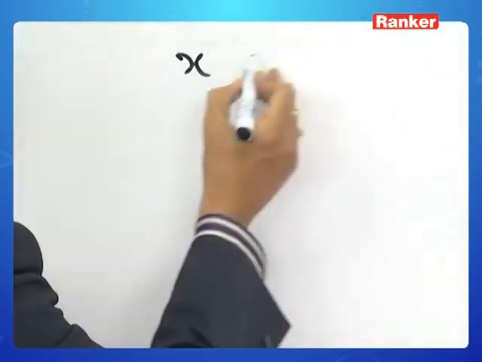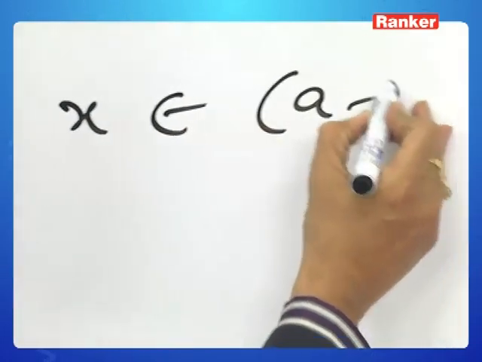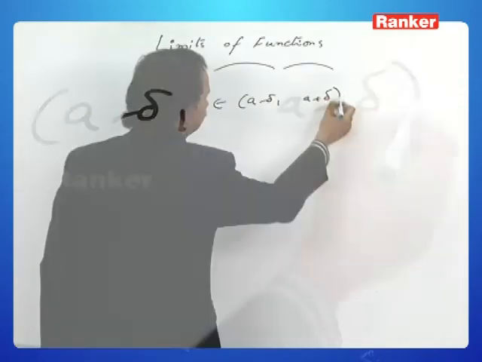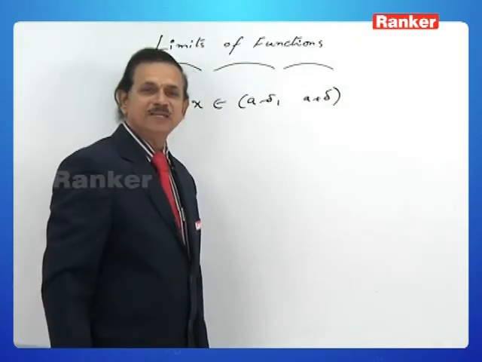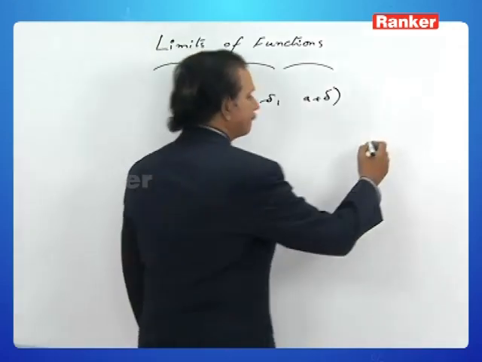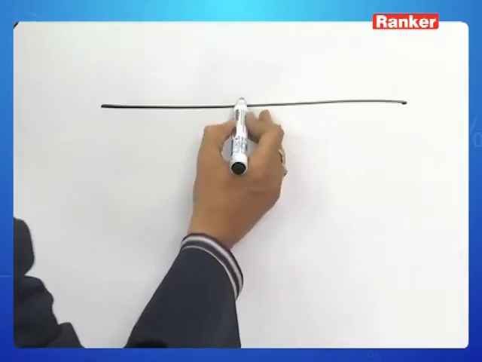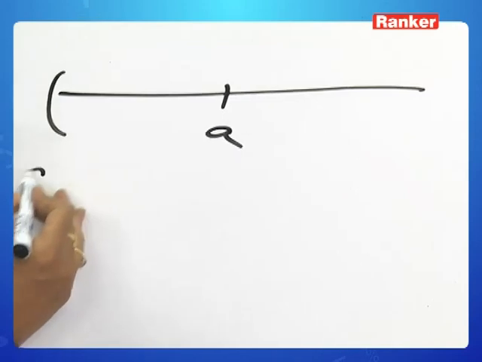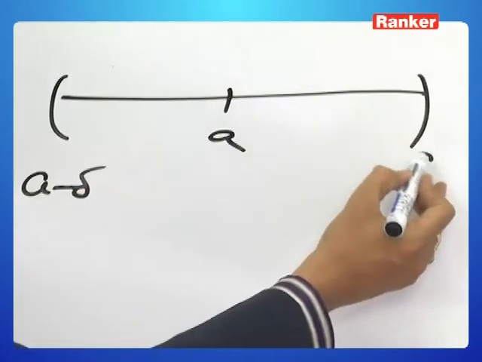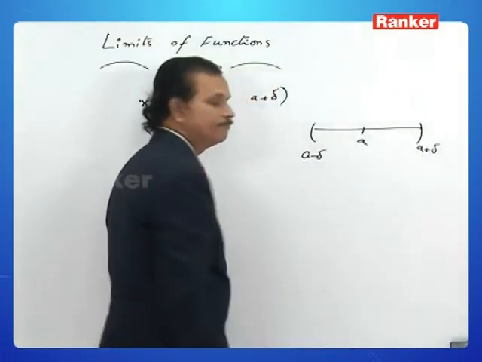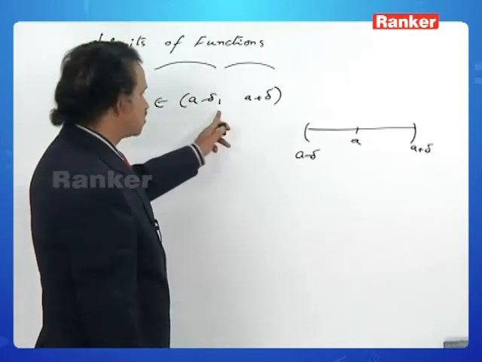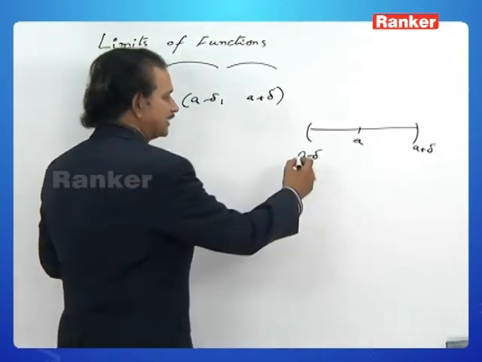Suppose x belongs to a minus delta to a plus delta. What do you mean by that? X belongs to this neighborhood. What does it mean?